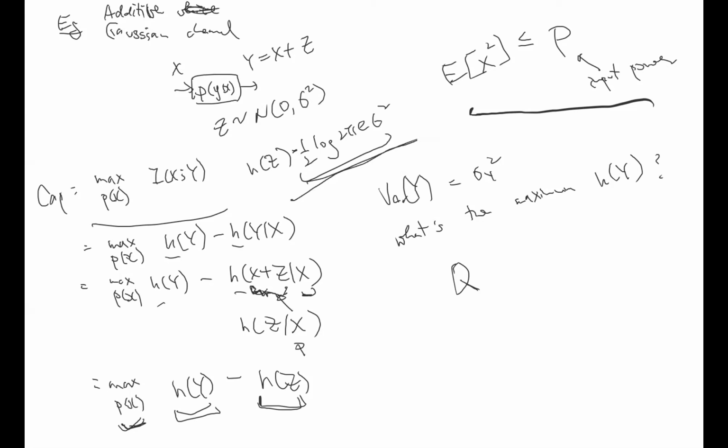So if my variance is sigma Y squared, I can get the maximum entropy to be 1/2 log 2 pi e sigma Y squared, if Y is Gaussian, right? Now see if I can make Y Gaussian. I can, right?